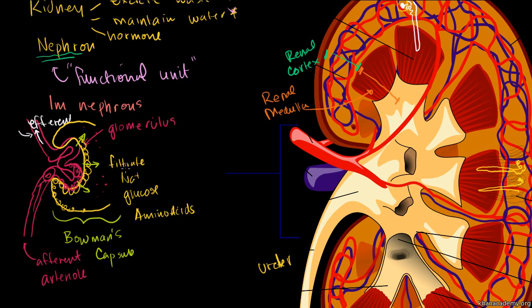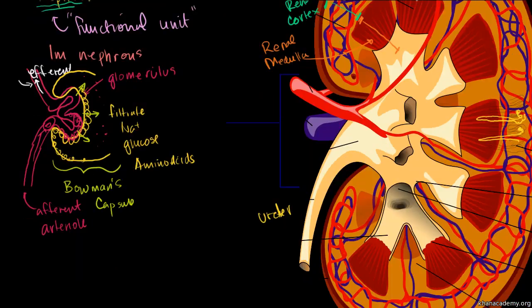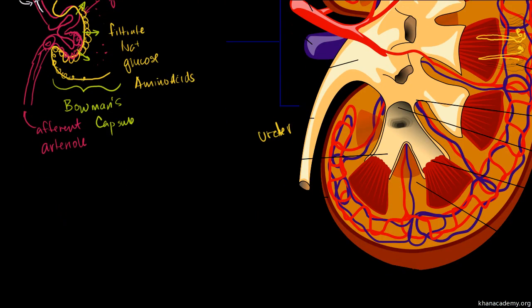Now what I want to do is zoom out a little bit because I'm going to run out of space. So let me zoom out. So we had our arteriole go in, it gets all bunched in the glomerulus, and then most of the blood leaves, but a fifth of it gets essentially filtered into the Bowman's capsule. That's the Bowman's capsule right there. I've just zoomed out a little bit. So we have our filtrate here.